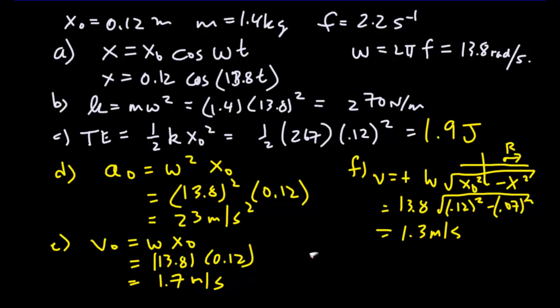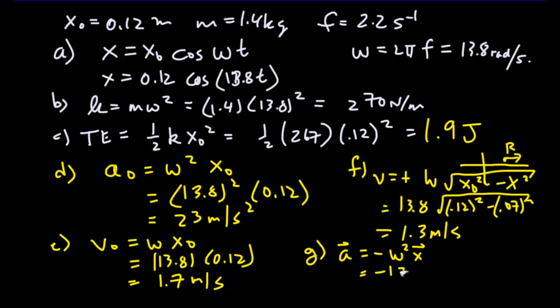And part G asked for the acceleration at that same point in the motion. So acceleration is always in the opposite direction as the displacement. That's really our defining equation for simple harmonic motion.